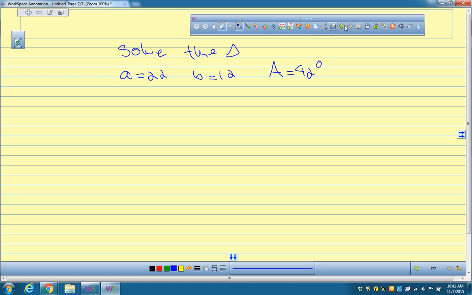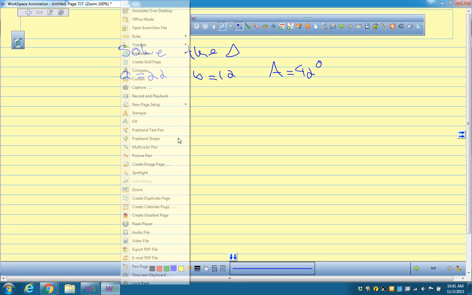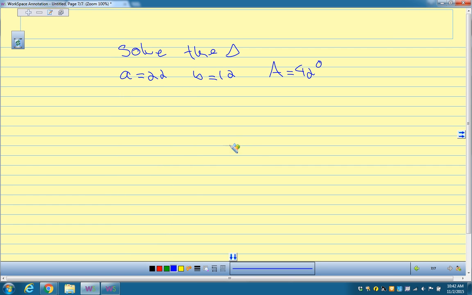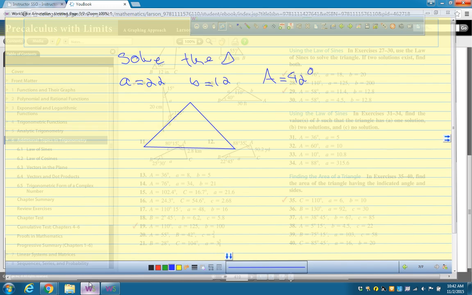So the first thing you do is you draw a picture. So where's that nice tool I had? Freehand shape. There we are. So you draw a picture, something like that. That's not a very good triangle, but it's good enough.